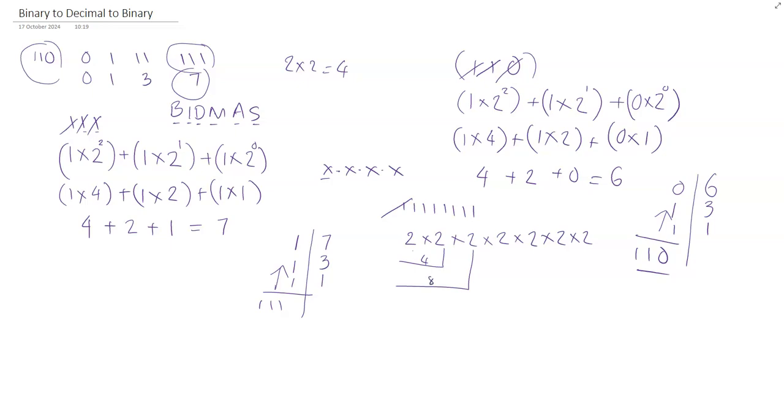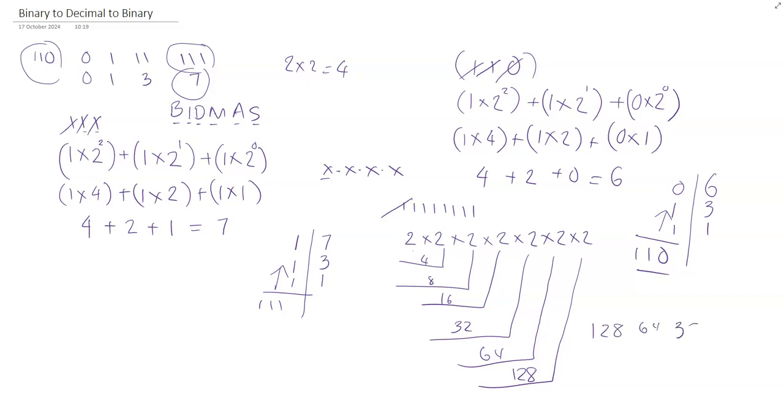And if you multiply by another 2, that's 16. Then another 2 gives you 32, then 64, and the last one, if you multiply by another 2, gives you 128. Then you would see these numbers can be arranged in this way: 128, 64, 32, 16, 8, 4, 2, 1.